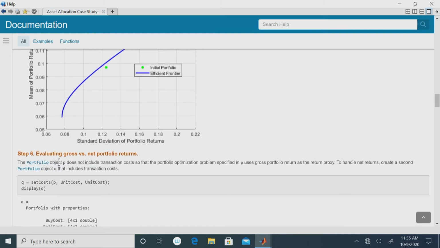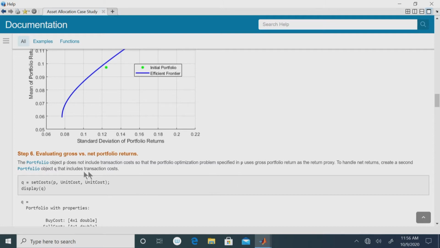So, the portfolio object P that we have defined so far includes the limits on the weights specified, the 3 limits that we had specified, in addition to the statutory weight limit of sum being equal to 1. However, it does not factor in the transaction cost that we had identified earlier. Remember that we had a transaction cost of 10 basis points for the first 3 asset classes, and for the last asset class we had a 40 basis point or 0.4%.